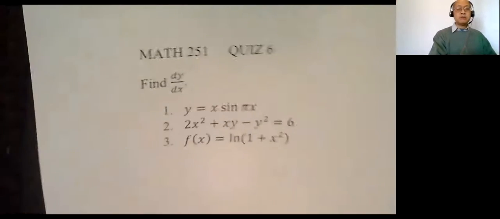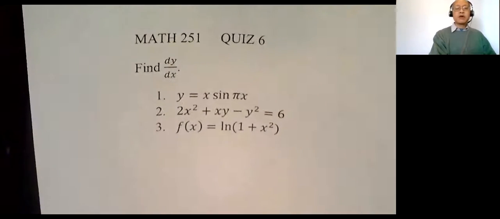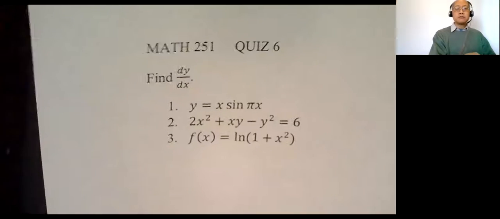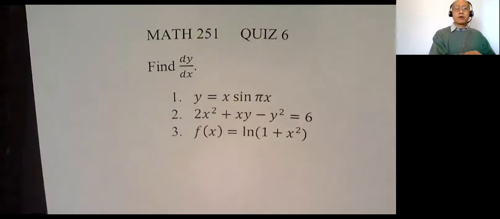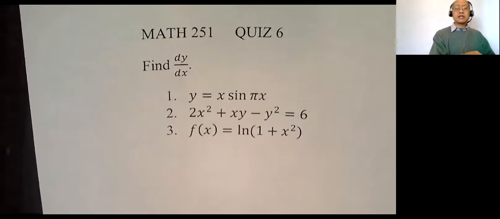All right, quiz time. So get your cell phones out or be ready to do a screenshot as usual. I'll put you in your breakout groups as usual, and that'll be it for this week. Okay, so here we go. Find dy/dx. Number 1, y equals x sine of pi x.